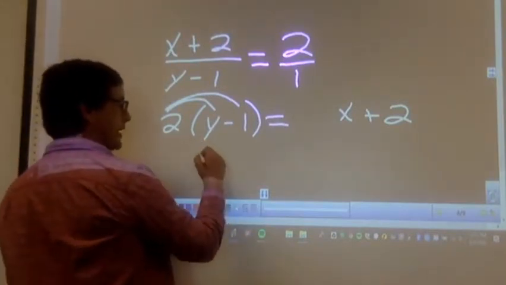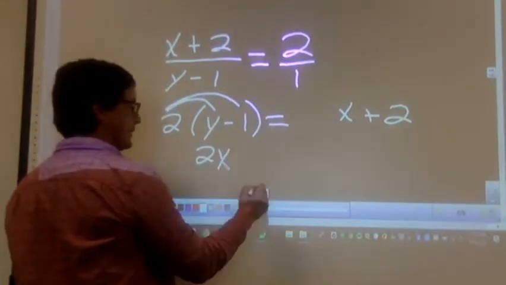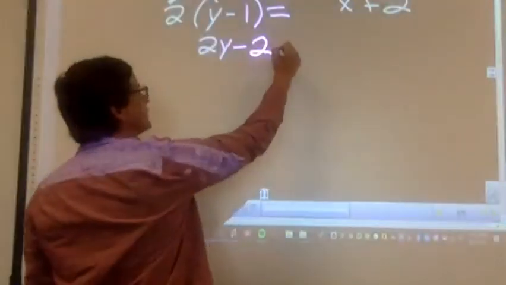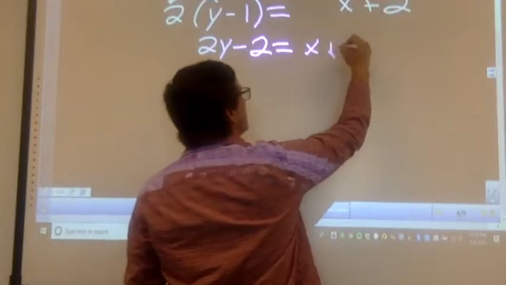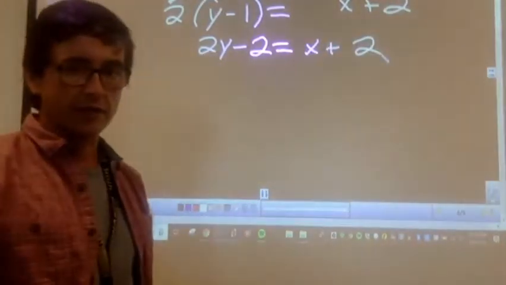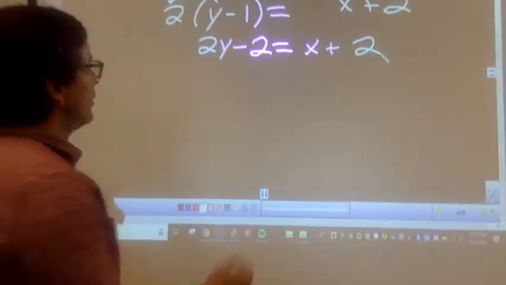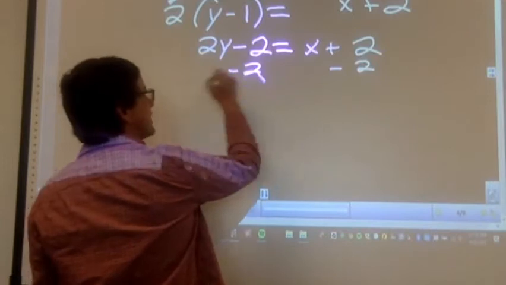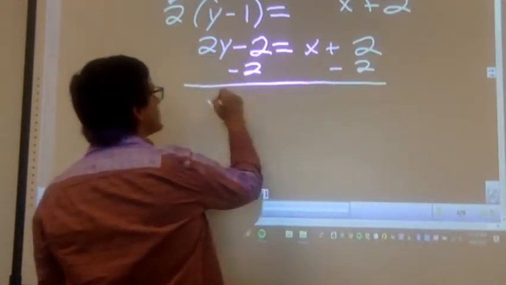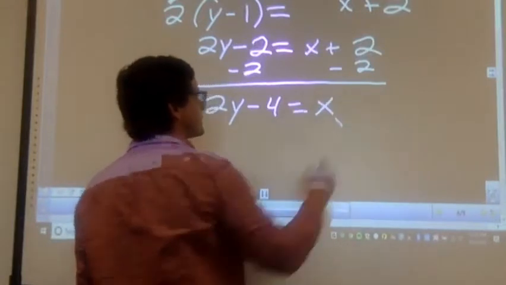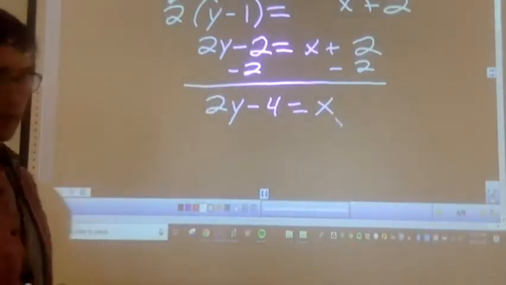So 2 times y is 2y. 2 times -1 is -2. And this one, like all the other ones, we're solving for x as well. So we're just going to subtract 2 as the last step. So we get 2y minus 4 equals x, and we done.